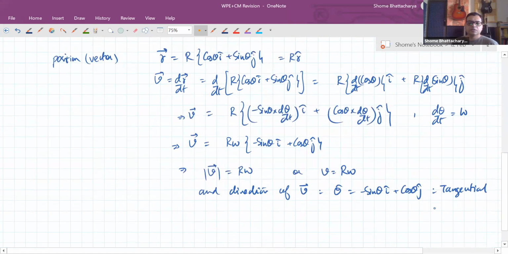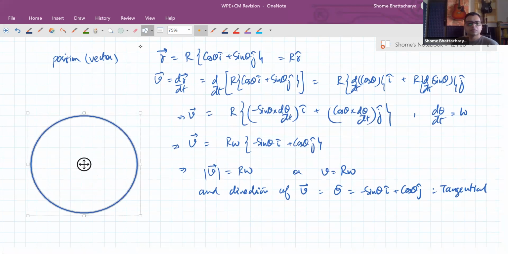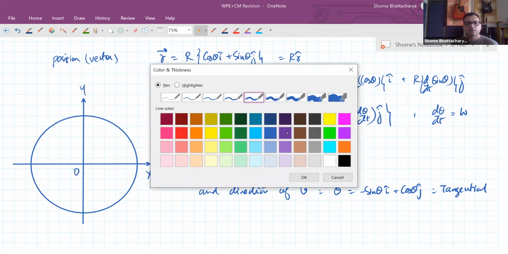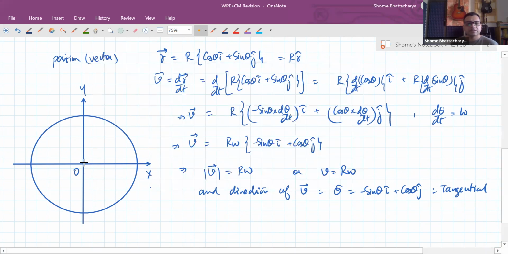So with this, we are able to conclude that at any point during the circular path, just like the position vector has a direction along the radial line or along the radial unit vector, the instantaneous velocity vector will have a direction along the tangent to the circle, along the tangential axis or along the tangential unit vector.